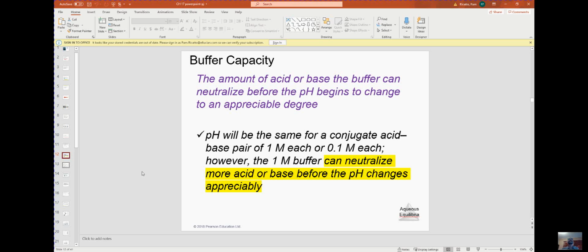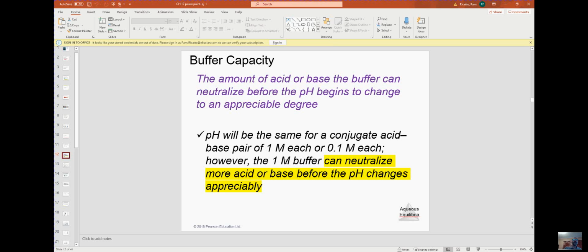The pH will be the same for the conjugate pair whether it's 1 molar or 0.1 molar. Isn't that interesting, right? So the pH will be exactly the same if you put in 1 molar acetic acid and 1 molar sodium acetate as it will be if you put in 0.1 molar acetic acid and 0.1 molar sodium acetate.